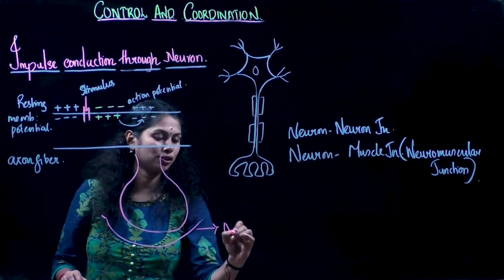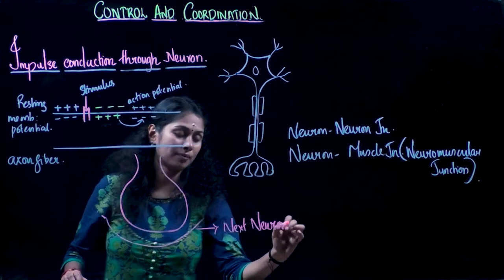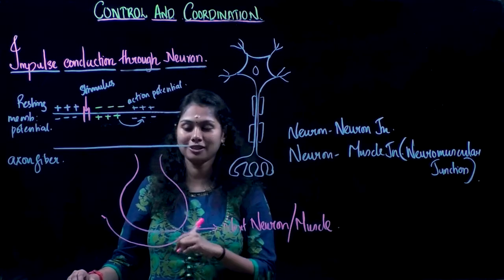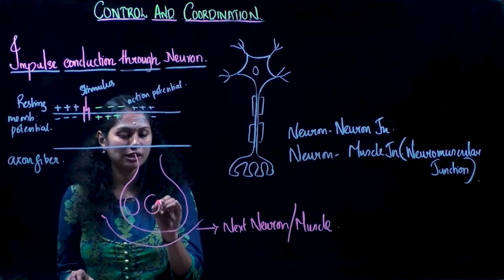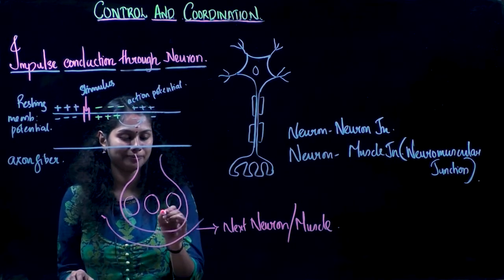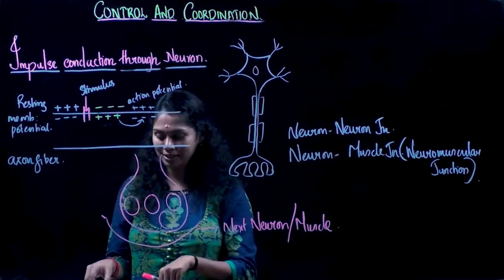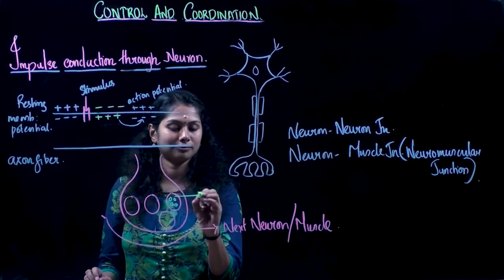So this is the next neuron, or maybe a muscle, to which that neuron is supplying its impulse, and the knob will have several vesicles at the end. And these vesicles contain chemical substances called neurotransmitters.